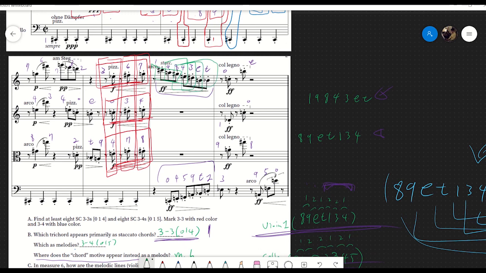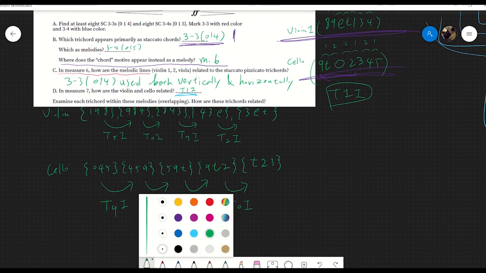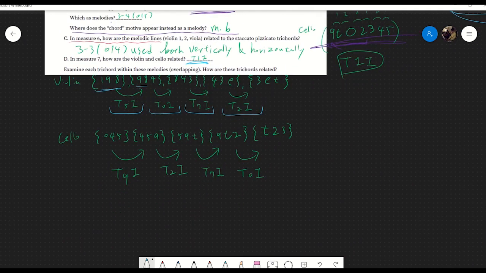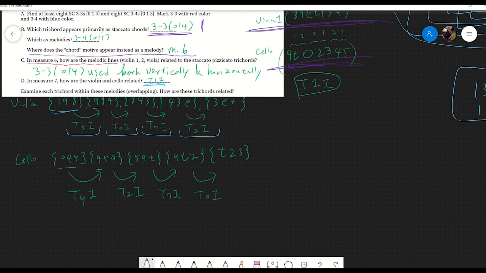There are five different trichords interlocking with each other, and these are the notes here. They're related by inversions, so you need to figure those out one by one. The same goes for the cello: you need to get this note, this note, this note, and this note. I'm missing one, but you get the idea. So that's the answer, and these are the ways they're related.